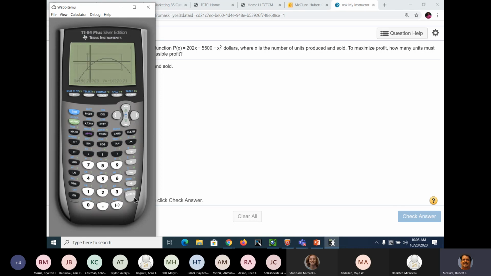And enter. So now we've got a graph that's concave down again, and it looks something like this. And we've got a Y-intercept of negative 5,500.